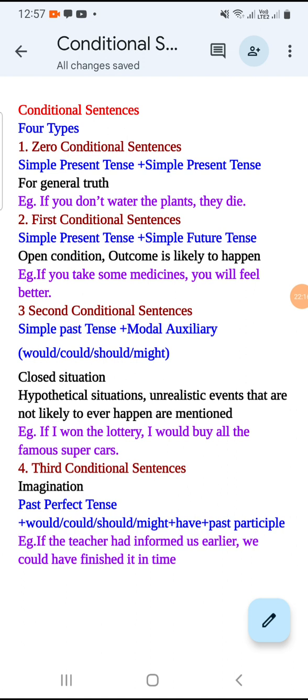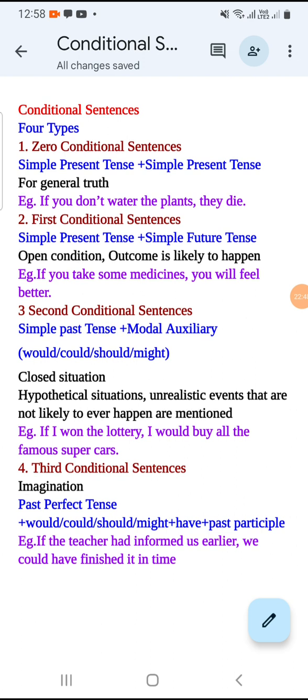So that situation is done, nothing can be undone now, but it is just imagination or a hypothetical situation. So for a hypothetical situation, please take care, I made it clear, I corrected this sentence. The structure of the second conditional sentence is simple past tense followed by modal auxiliary. Modal auxiliary in the first conditional also comes, actually simple future tense, that is also called modal auxiliary, right?